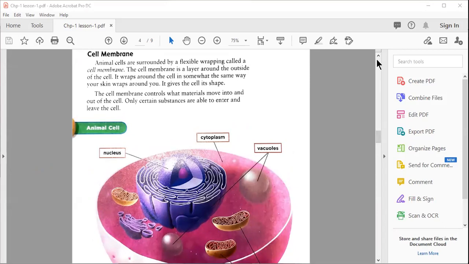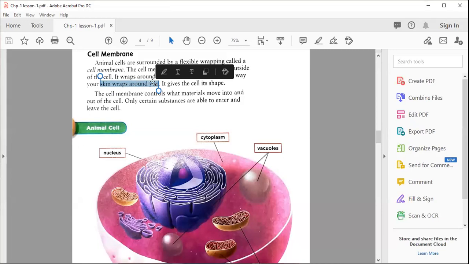Now, we know that it is a wrapping. The cell membrane is a layer around the outside of the cell. It is wrapped around the cell in somewhat the same way your skin wraps around you. You can touch your skin and feel that it is wrapped everywhere on your body.